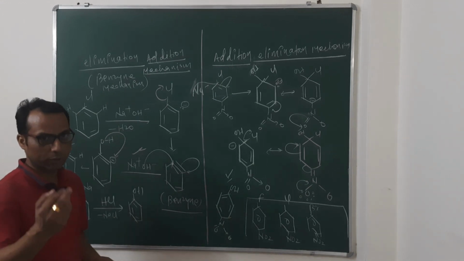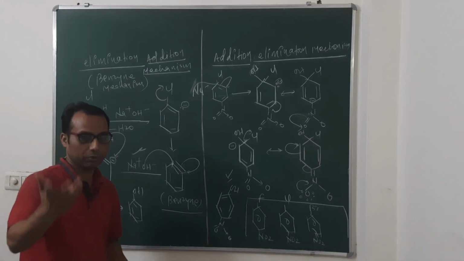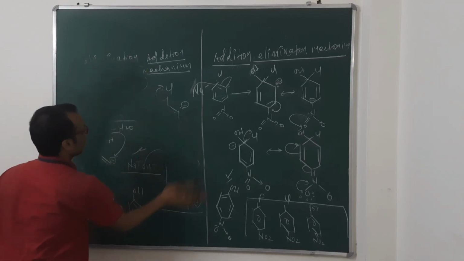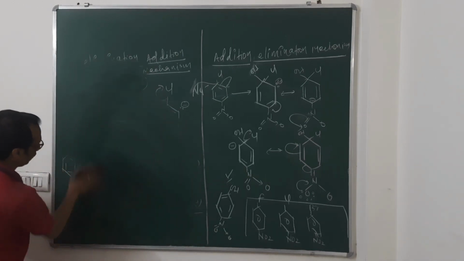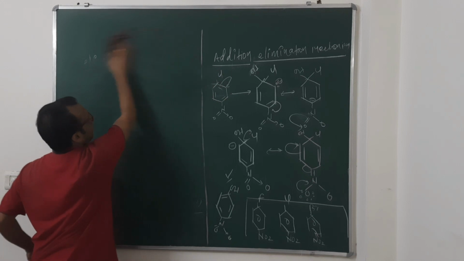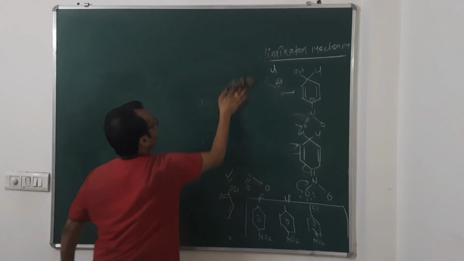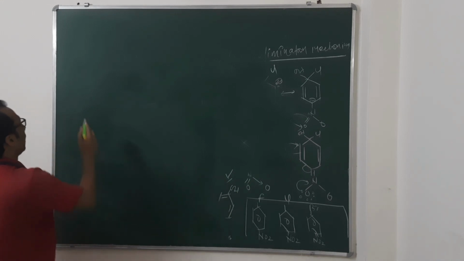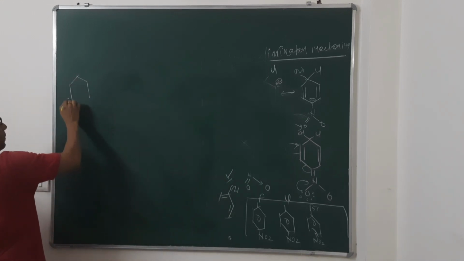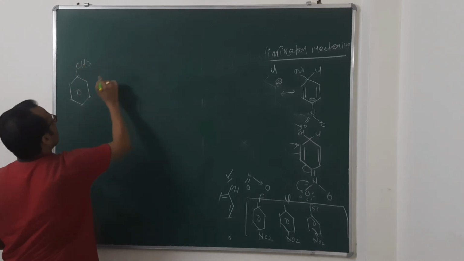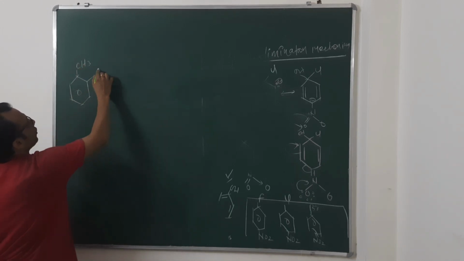One question, two or three questions I will discuss with you so that the concept will be clear. See here what the question is, and think about what the answer will be. Students, one question is this. It is a very easy question that already came in JEE Main, and here is the OH group.